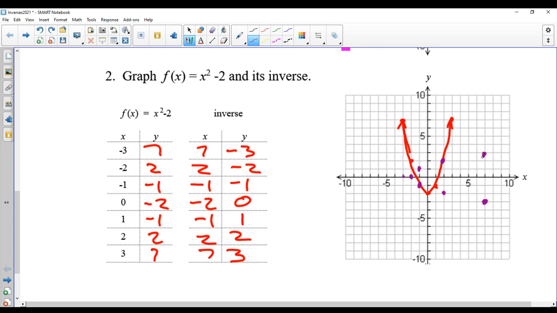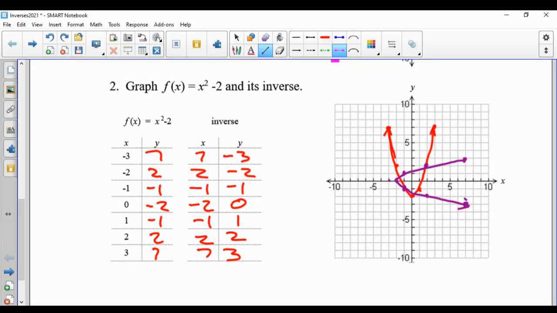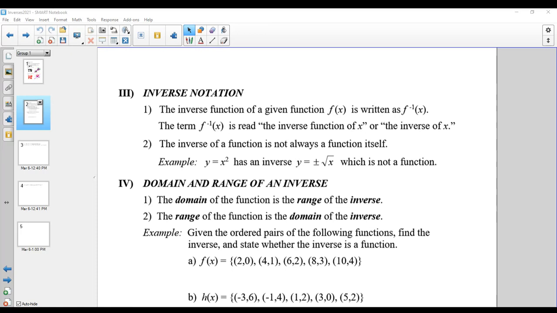So here comes my graph. Inverse notation is written as f to the minus 1 of x. The exponent of minus 1 beside the f means I'm looking for the inverse function to the one I had before.